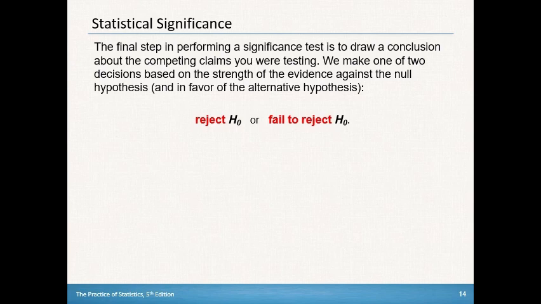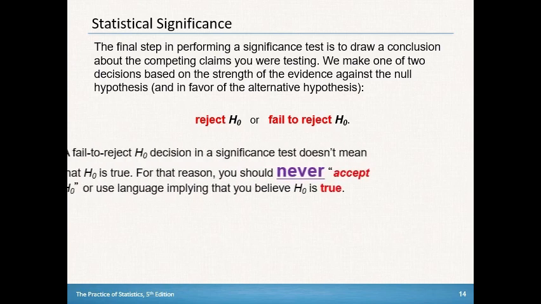I mean, it's not, but that's kind of how the wording sounds. So we either are going to reject H not, or we're going to fail to reject it. Like, we don't have enough evidence to say it's wrong. It's almost as though we want it to be wrong. I mean, we don't, but that's what the wording kind of sounds like. All right, so we reject the null hypothesis or we fail to reject the null hypothesis.